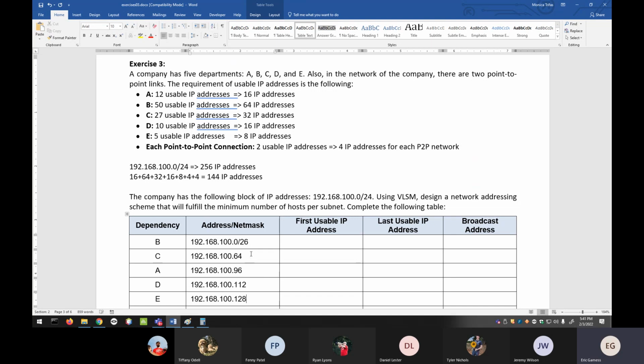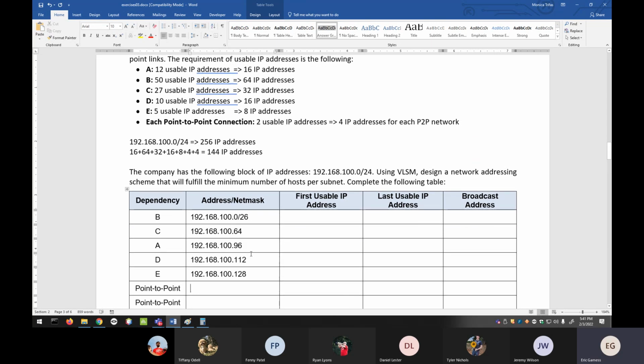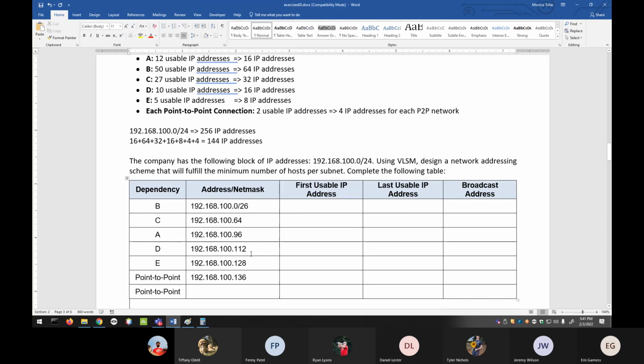Why 128? 112 plus 16. If E has 8 IP addresses, the first point-to-point network will start where? 136.